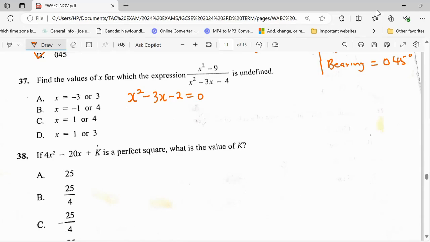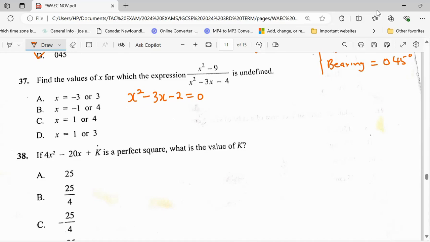Of course, it's not going to get a number that belongs to the real number system when you are dividing by 0. So each time we are asked to get the value of x for which a particular algebraic fraction is undefined, we are going to set the denominator to 0.